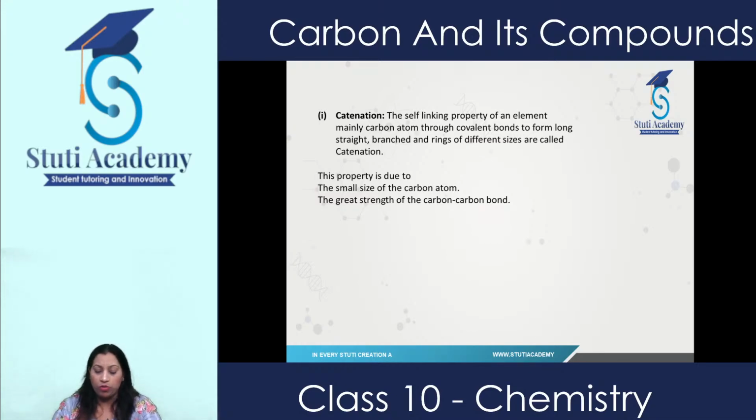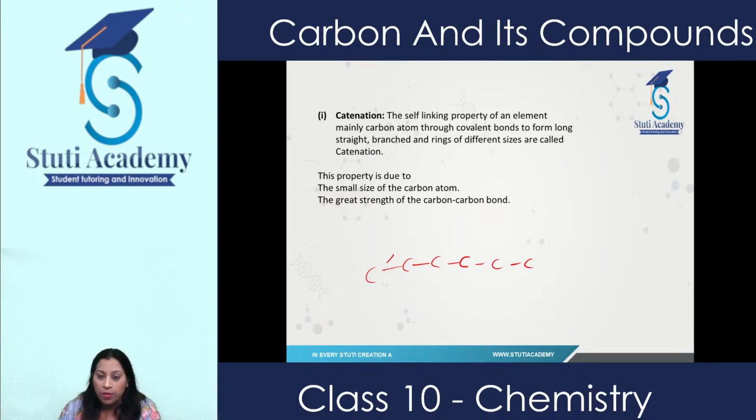If we talk about carbon, it is very unique in nature. In catenation, carbon has the tendency to link with another carbon, and this self-linking property of carbon is known as catenation, which results in the formation of a covalent bond.